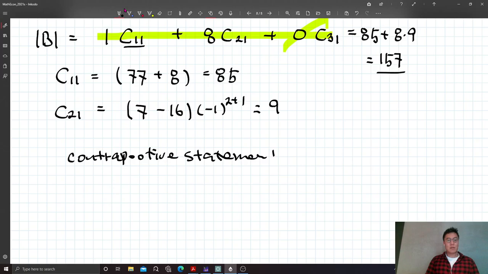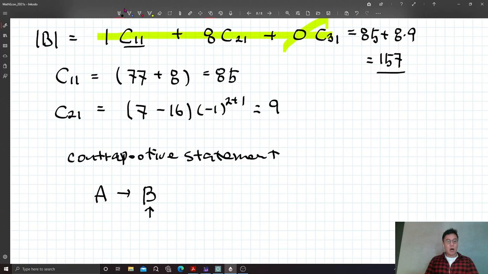To illustrate this, think about one conditional statement. A implies B. If A is true, then B is true. We call B the consequence of this statement and A the hypothesis. The contrapositive starts with a negation of the consequence. If we negate the consequence B, then the hypothesis A is not true either.